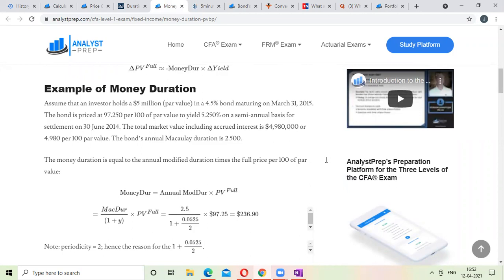They will give you the coupon or whatever they have promised semi-annually, half yearly. Total market value including accrued interest. This is the full price they have given. Okay, that is nothing but this much per $100 par value.